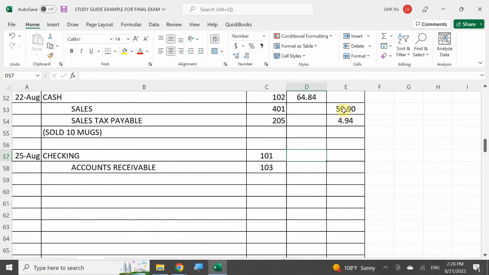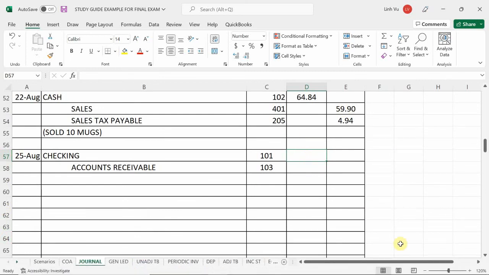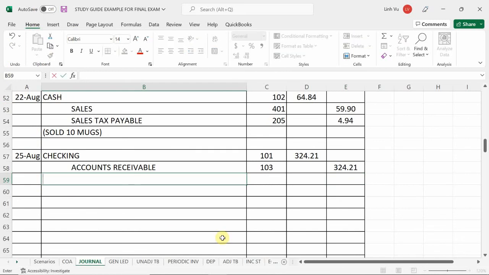That's how much they're going to pay me. Since we didn't give customer A any terms, I'm not going to make the scenario as complicated as possible.